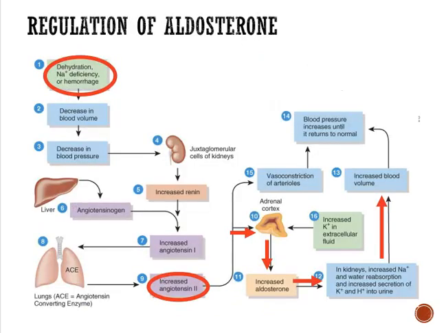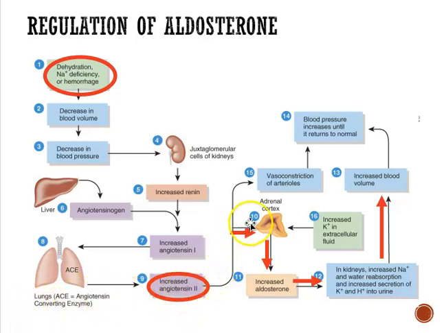And really, this is just a reminder, since we've talked so much about aldosterone, right? You have dehydration or sodium deficiency or blood loss, which results in a decrease in blood volume. If we lose blood volume, we lose blood pressure. Those juxtaglomerular cells of the kidney recognize that. They will release renin. That renin converts angiotensinogen into angiotensin 1, which then gets converted into angiotensin 2 by angiotensin converting enzyme.